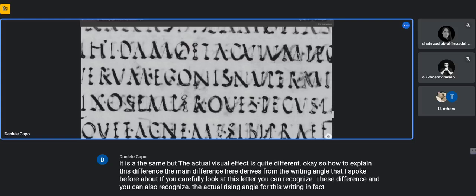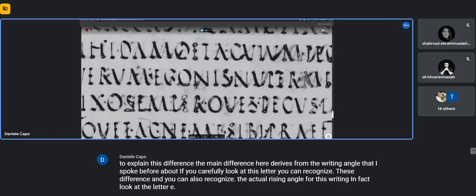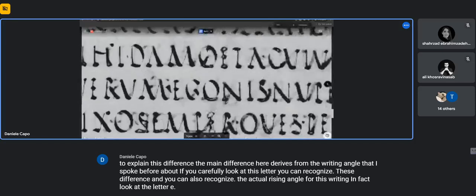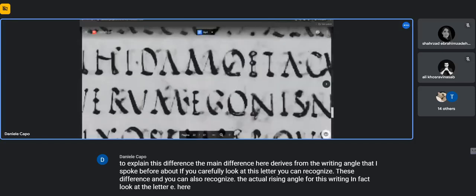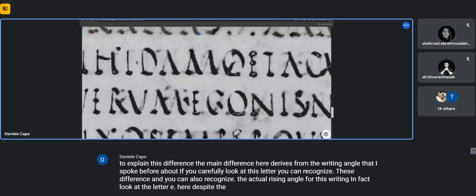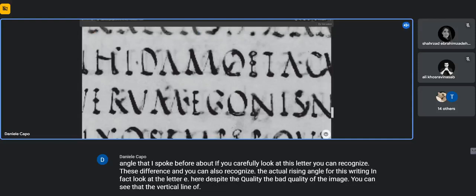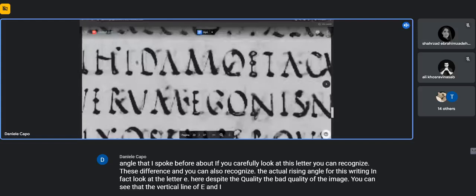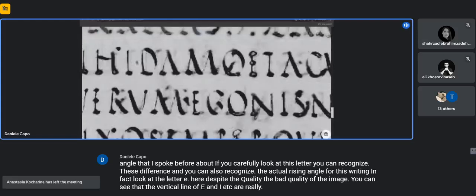In fact, look at the letter E. Despite the bad quality of the image, you can see that the vertical lines of E and I, etc., are really thin compared to horizontal lines.